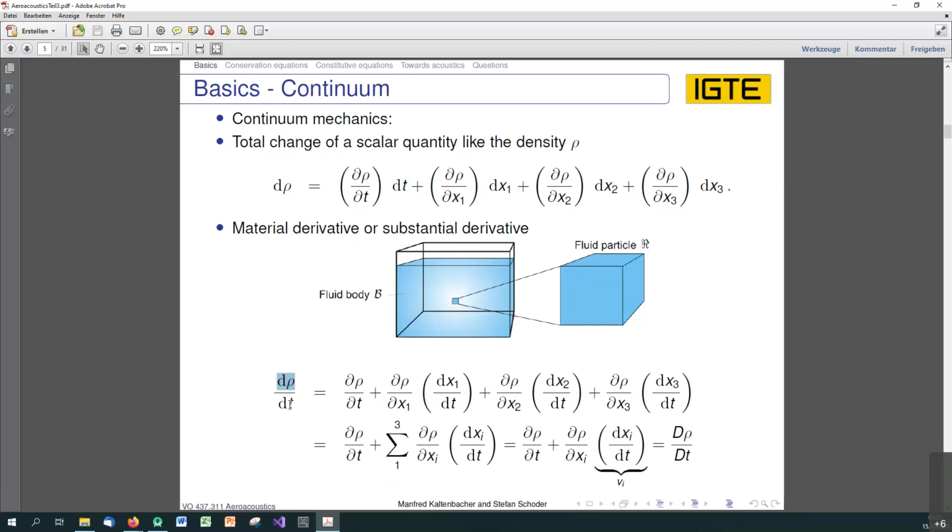Here we then have the material derivative of the density, and the material derivative says that the total change of the density with respect to time is a sum of the partial change with respect to time and a convection term. So this is purely the time change, and this is convection there.